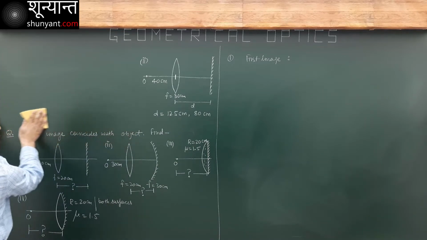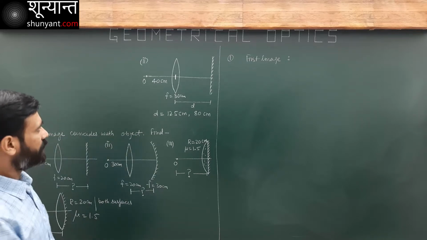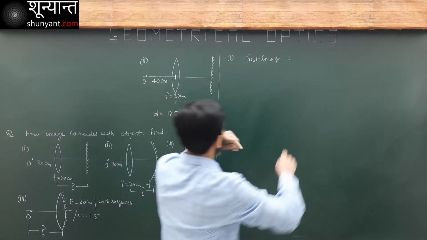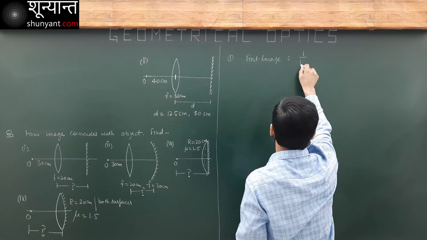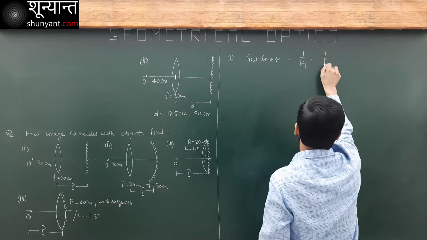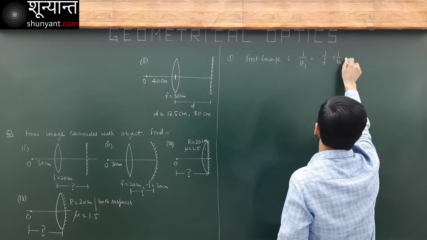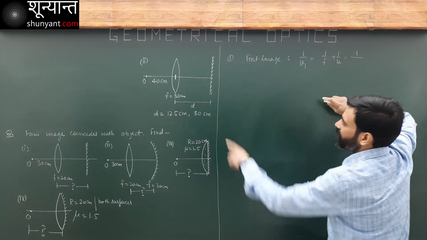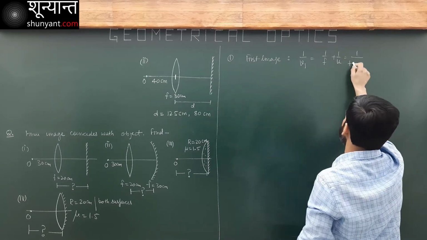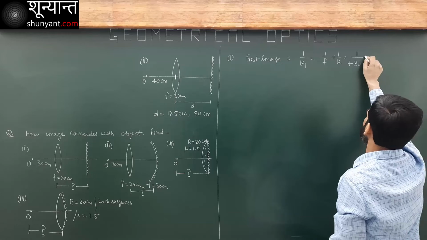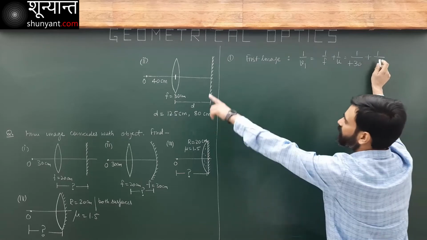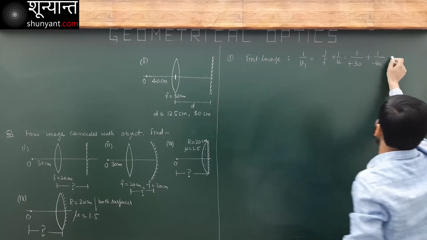You will find many problems in the problem sheet. Here 30, 40. Let's first find the first image. 1 over V1 is 1 over F plus 1 over U. So 1 over focal length, converging lens, 30 centimeters, is plus 30 here, plus 1 over minus 40.